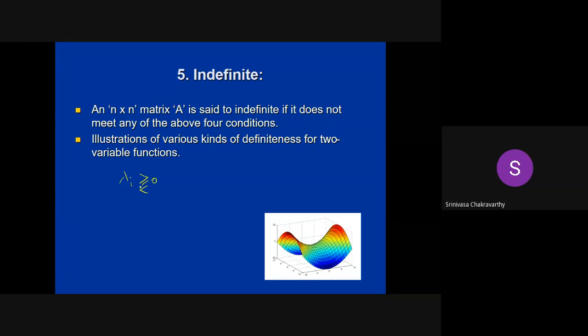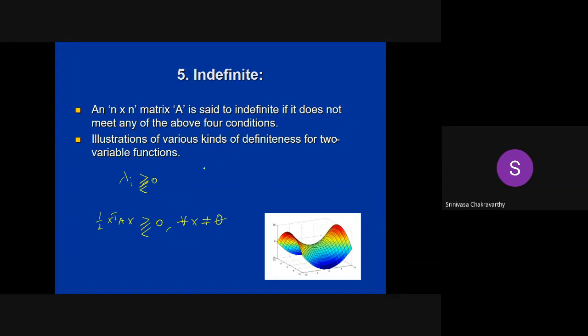Now the most general case, where lambda i can be greater than or equal to, or less than 0. Then the corresponding quadratic form x transpose A x also can be greater than or equal to, or less than 0 for all x not equal to the zero vector. In this case the matrix is said to be indefinite.